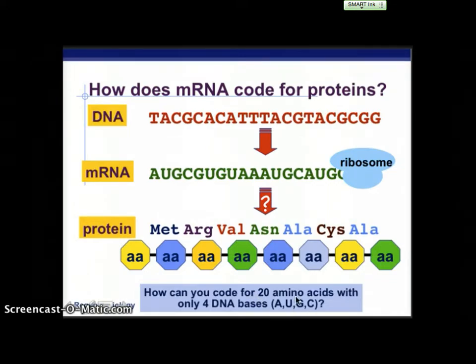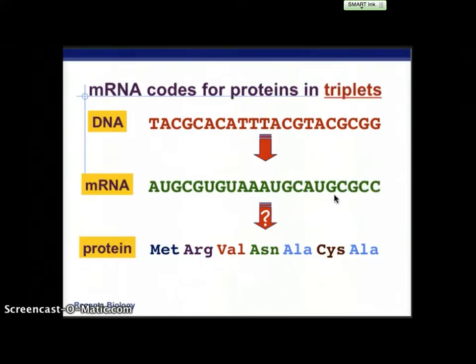How can you code for 20 amino acids with only 4 bases? Well, mRNA codes for the proteins in triplets. This means that for every 3 mRNA bases, you get 1 amino acid.